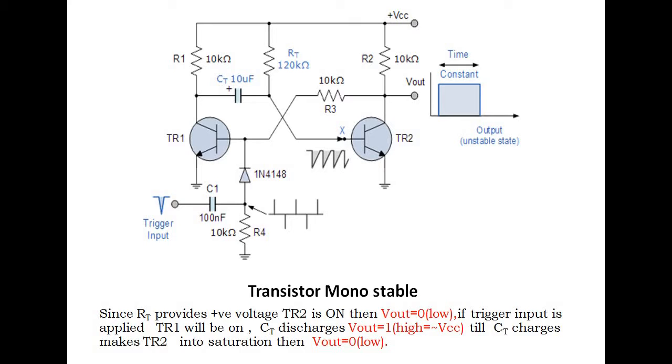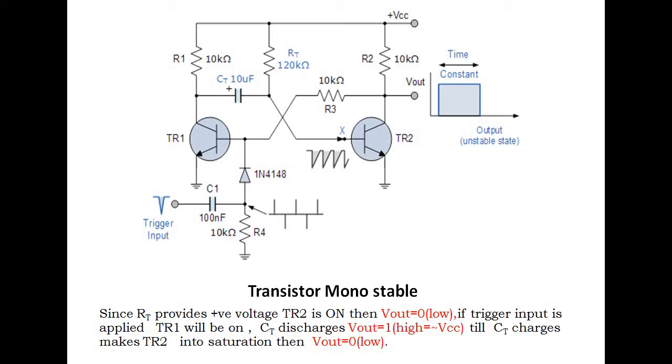So the voltage on the capacitor is changed suddenly from high to low. As the nature of the capacitor is, the capacitor doesn't allow a sudden change in the voltage. That's why it generates a negative voltage on the opposite side to retain its voltage. So the transistor TR2 will be off.